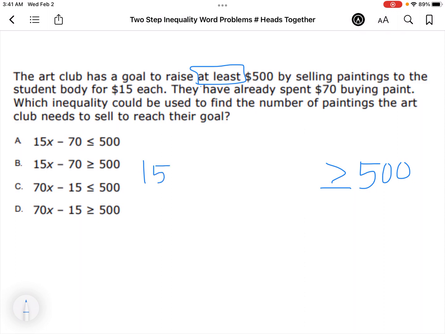So the $15 is where the variable's going. They have already spent $70 buying paint. So if I'm spending money, that's subtracting 70. Which inequality could be used to find the number of paintings the art club needs to sell? So again, that would be B.